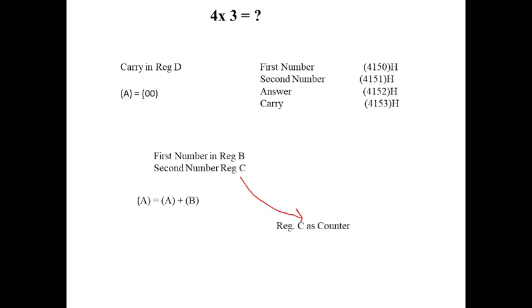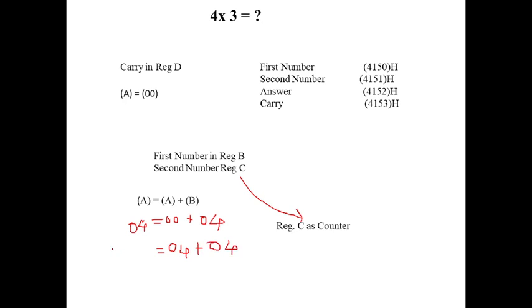Initially we have loaded the accumulator with 00. Register B includes the first number, that is 04. So what is the result of the operation? It is 04. So the first time we have added these two numbers. We have to decrement the counter by 1. Now the accumulator contains 04 and register B contains number 04.